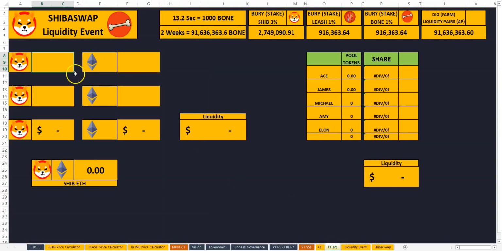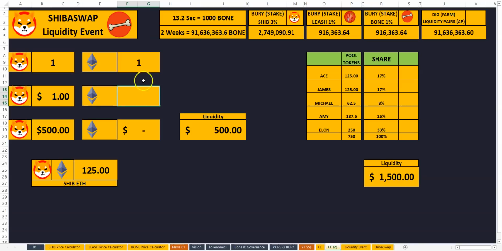Okay, imagine the SHIB token. Let's say we had one of those, and we have Ethereum. That's the logo for Ethereum. There was also one. And imagine that SHIB had a value of $1. I'm just simplifying this so everything will work. And imagine Ethereum also had a value of $1.